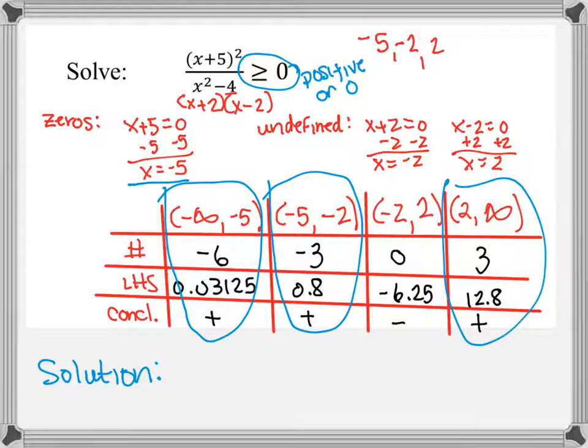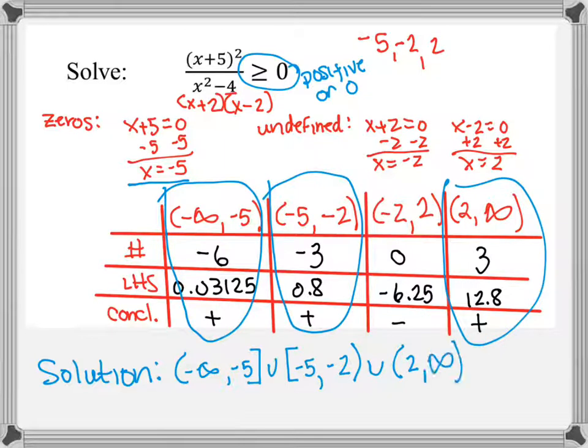So our solution will have −∞ up to −5, and −5 was a zero, so it's included with a square bracket. Union −5, which is included because it's a zero, up to −2, but −2 is an undefined value, so it is not included. Union 2, which is not included because it's another undefined value, up to ∞.